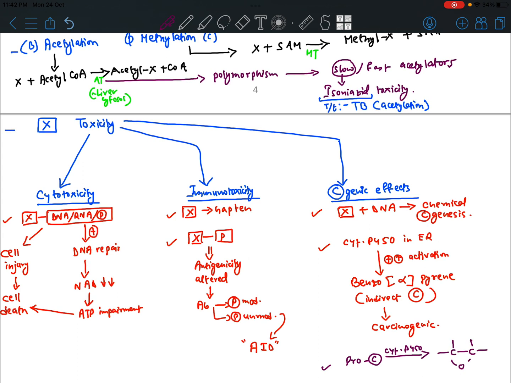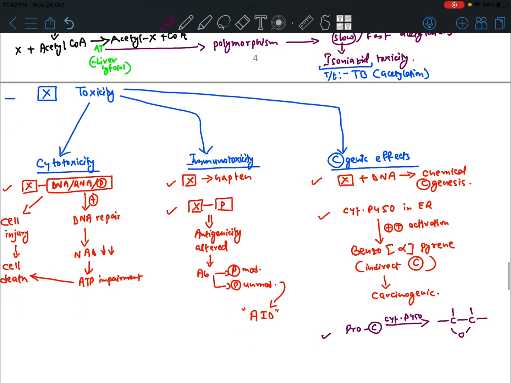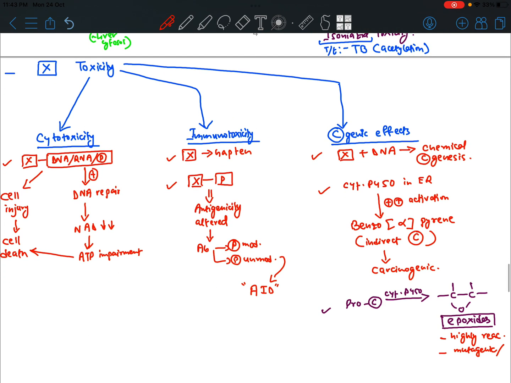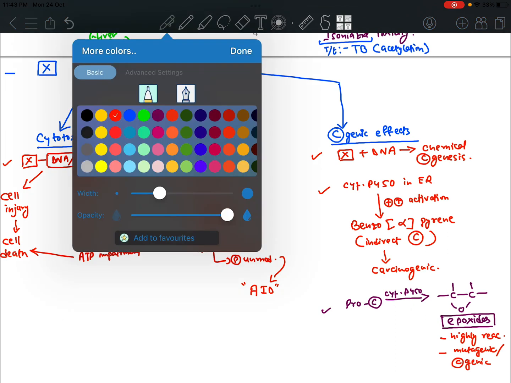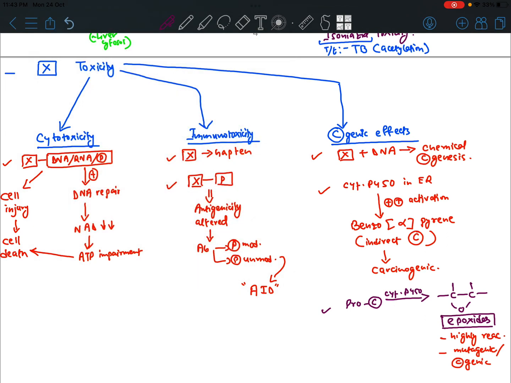Epoxides are compounds with this group. Epoxides are highly reactive and they are mutagenic, or I would say carcinogenic, right.